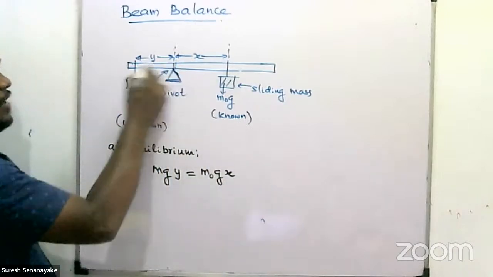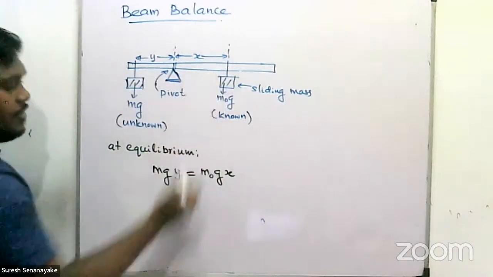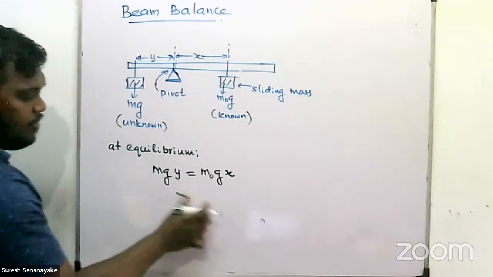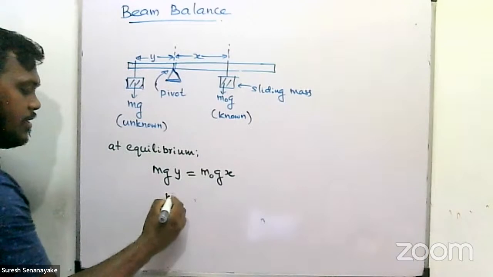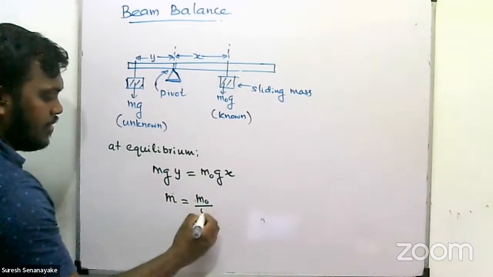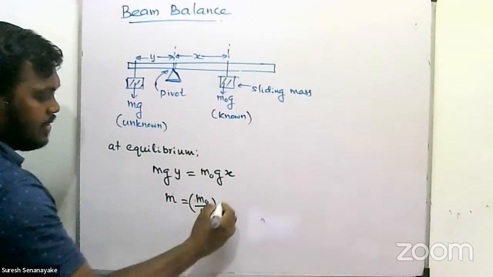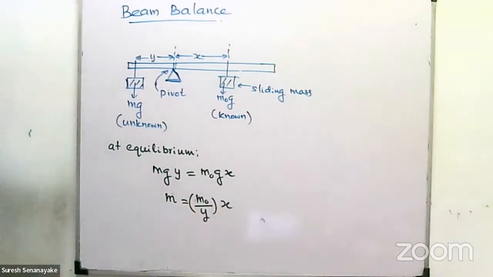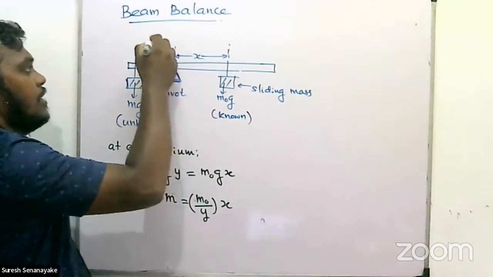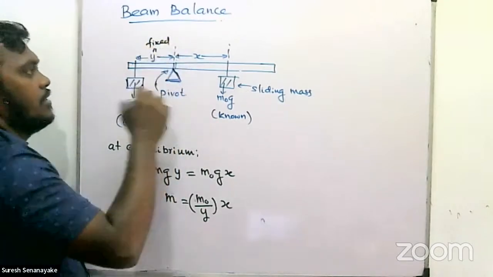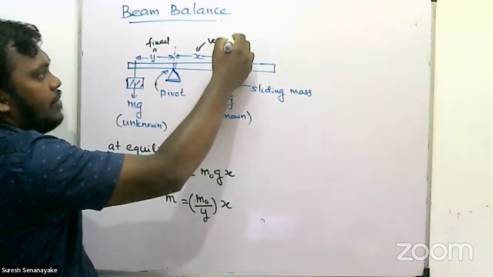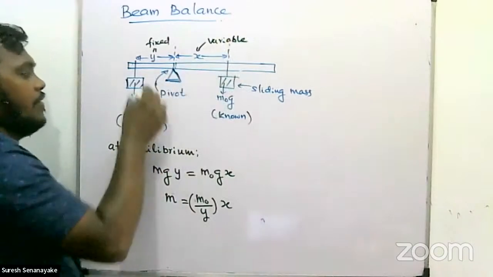So the mass we need to find, M, you can find as m naught times x divided by y. And y is a fixed length, right? This is fixed. This is variable. It varies according to this mass.